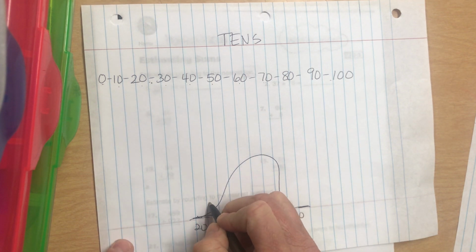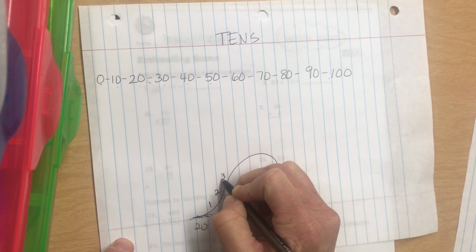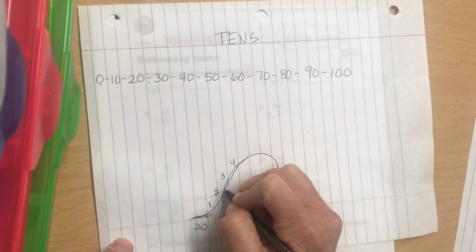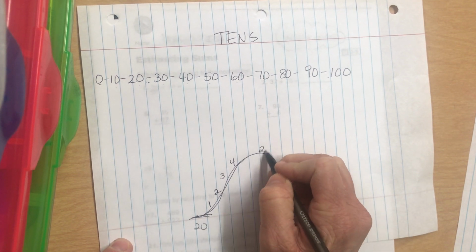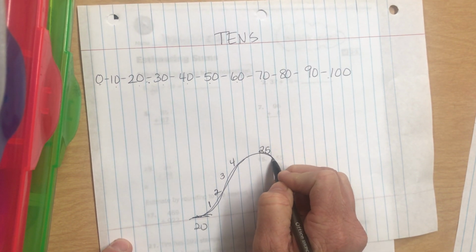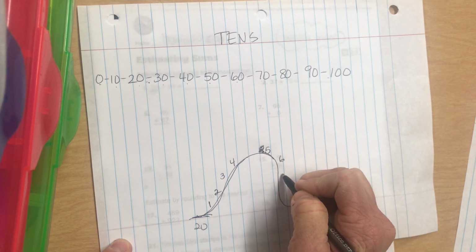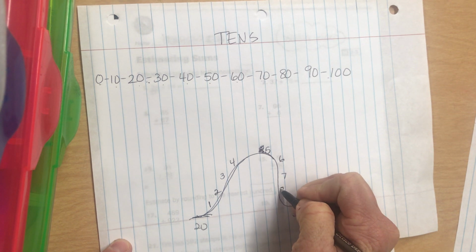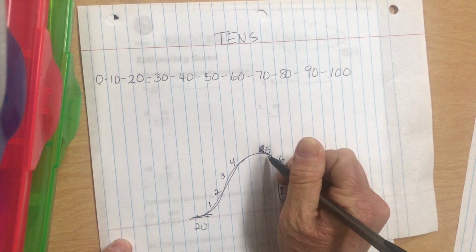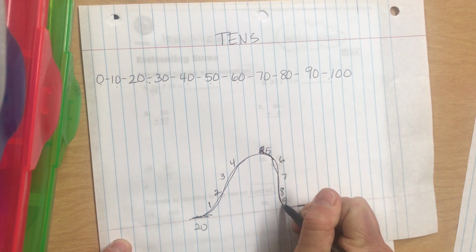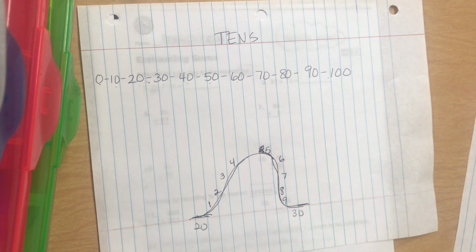This is going to be 21, 22, 23, and 24 are closest to 20. But 25 is this tipping point where we're up over the hill. 26, 27, 28, and 29 is going to make us closer to 30, okay?